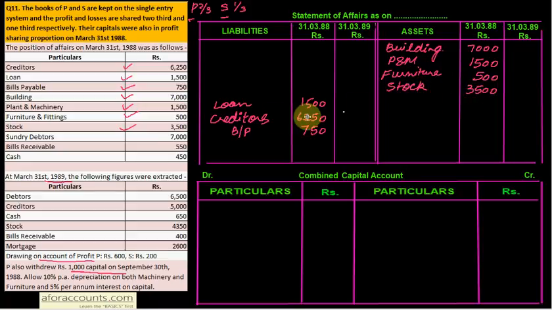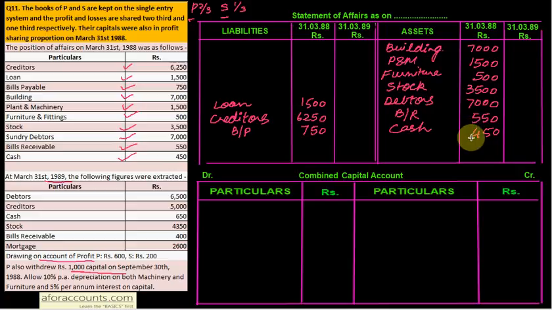Sundry debtors 7000. Then bills receivable, a current asset, is 550. Then cash, a liquid asset, current asset, is 450.